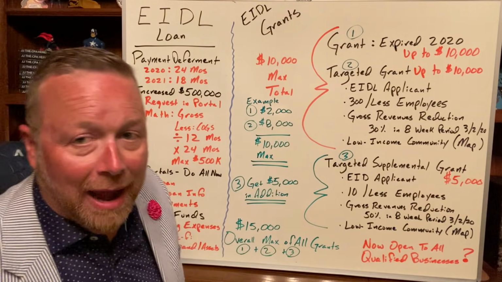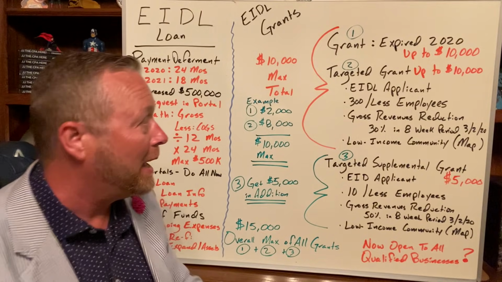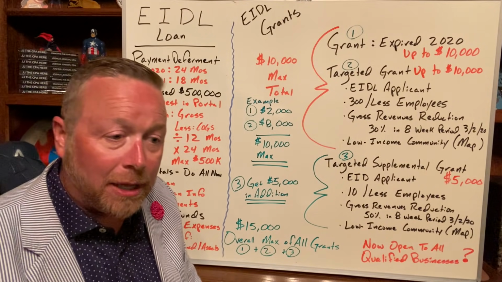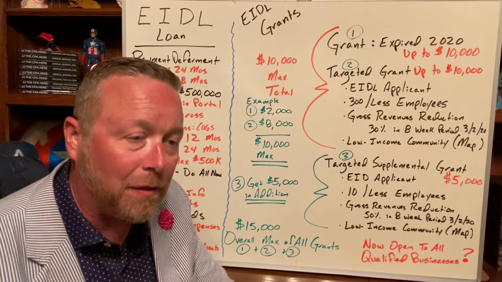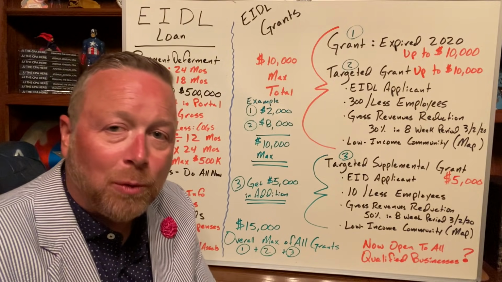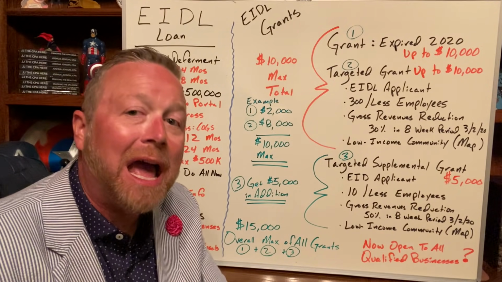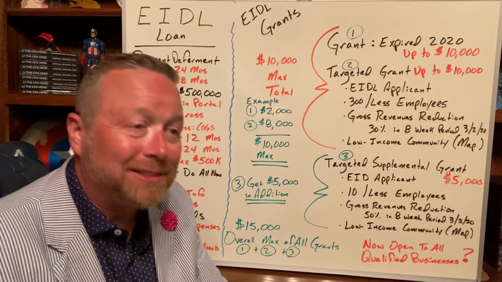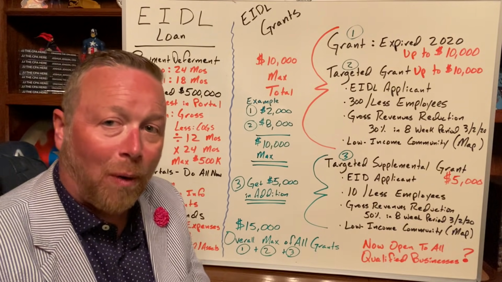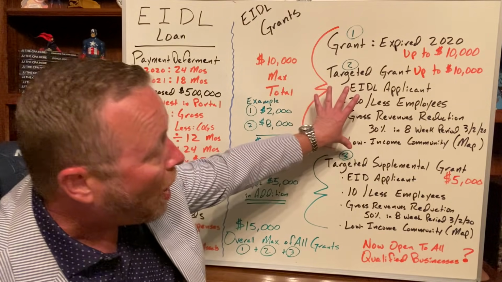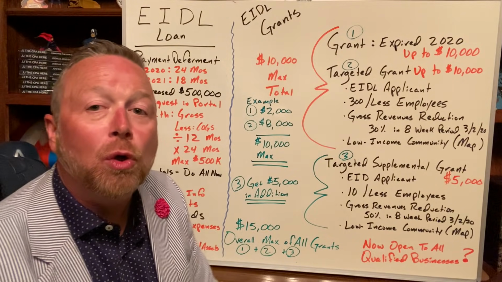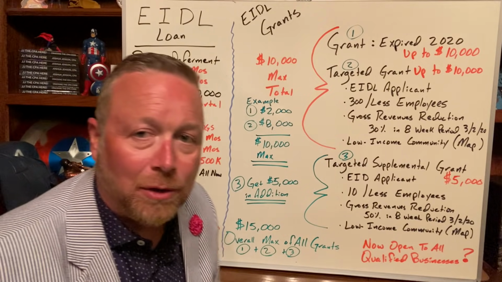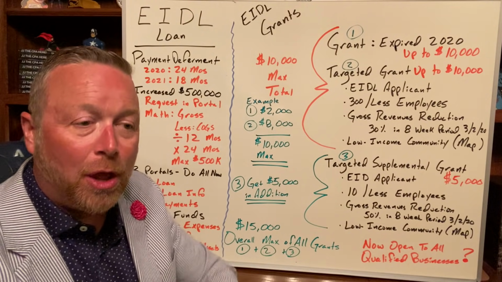The targeted grant came in to go, okay, listen, you were supposed to get the full 10 grand just flat, regardless of the number of employees, because it's how it was originally. But since you didn't get the full 10 grand, if you qualify here, we'll give you the rest of the 10 grand. So whatever you didn't get, we'll give you the rest.